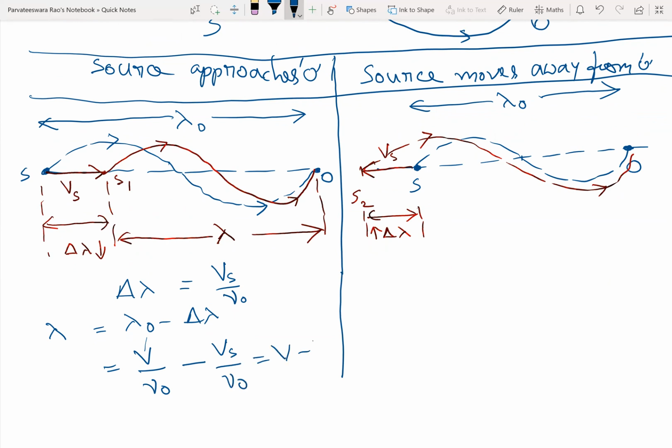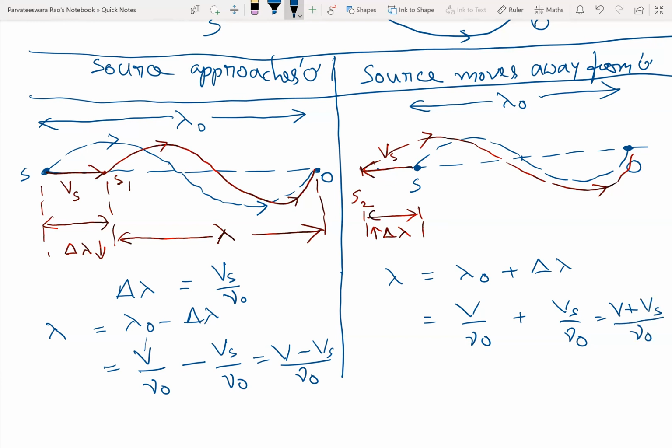Therefore, I get V minus Vs by nu naught. Coming to this, lambda becomes lambda naught plus delta lambda. So this is V by nu naught plus Vs by nu naught. So it is V plus Vs by nu naught.